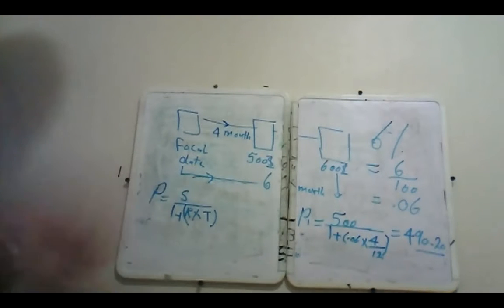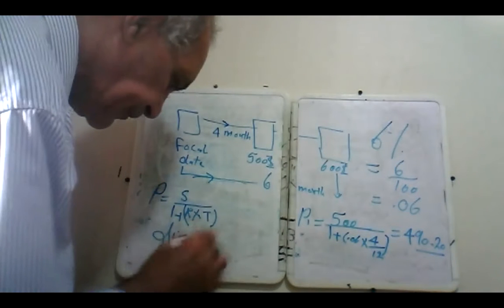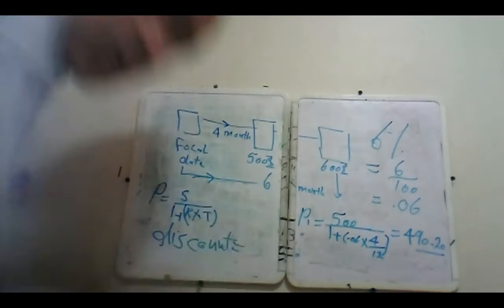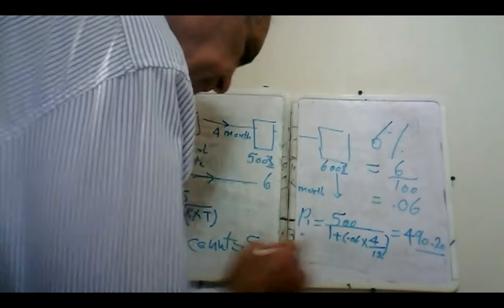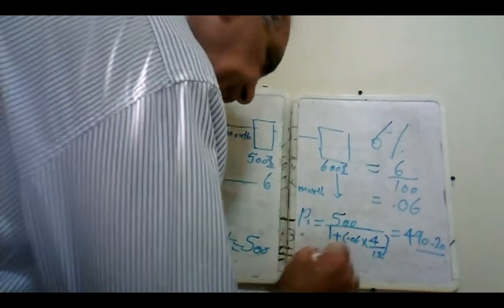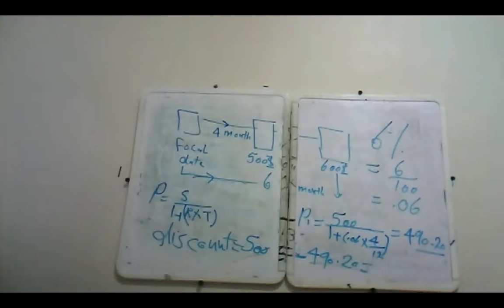So the discount will equal the $500 minus $490.20. This will come to, I think, $9.80, right?